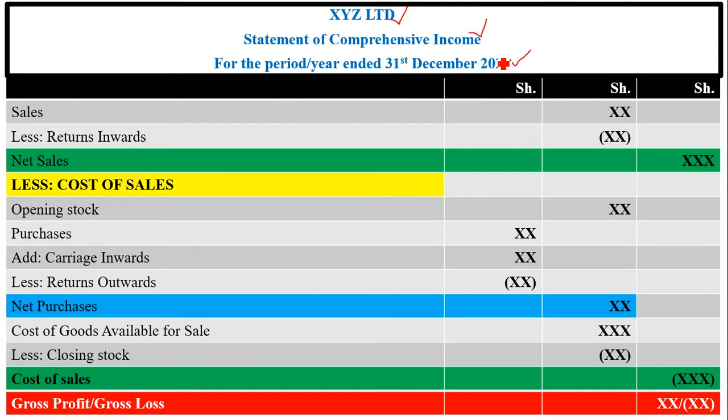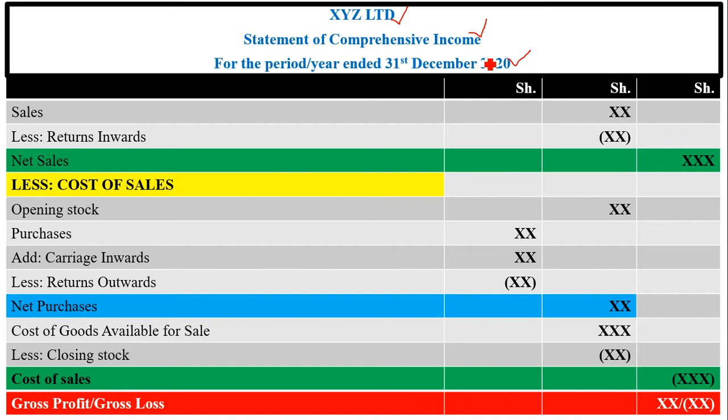Unlike a balance sheet that is prepared as at a particular date, the statement of comprehensive income is normally prepared for the period, because it covers all the expenses or all the incomes that were incurred and that were received during the entire period. Most of the time, accounting periods will run for 1 year.